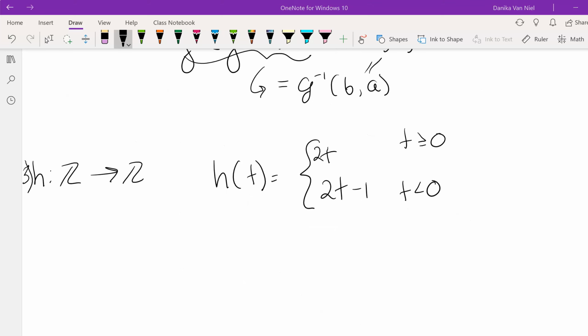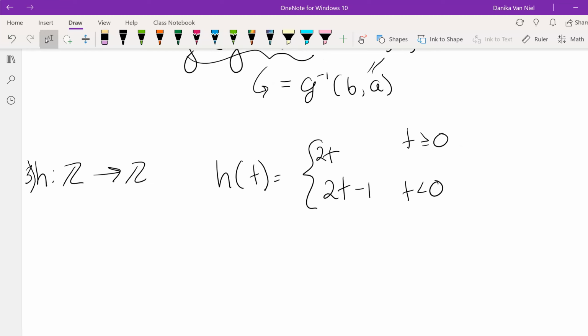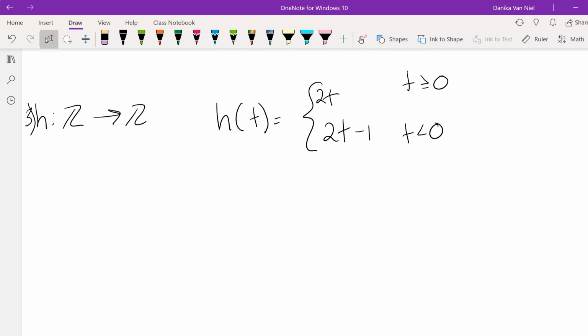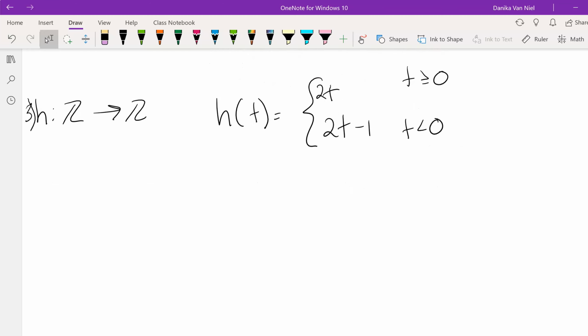Okay, how about this little friend that we have here? Our function from the integers to the integers takes non-negative integers t to 2t and negative integers t to 2t minus 1. First we want to think about if it's bijective.